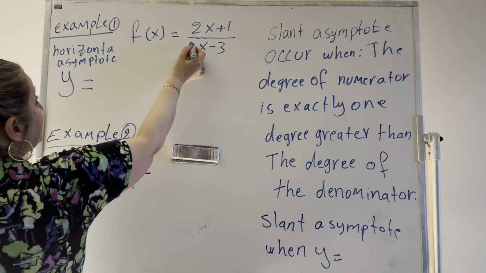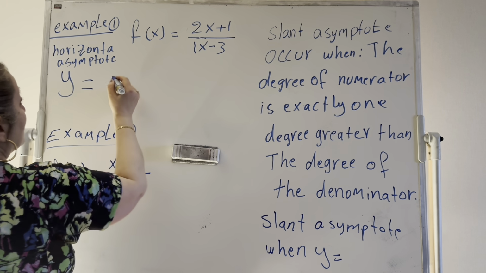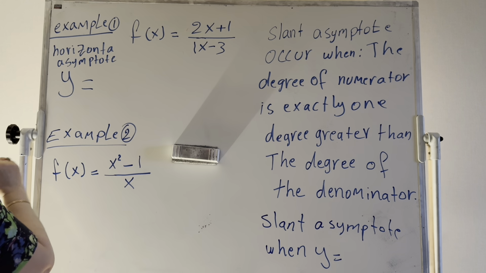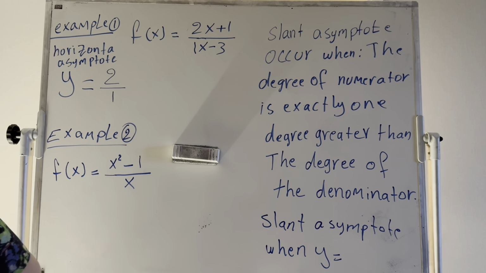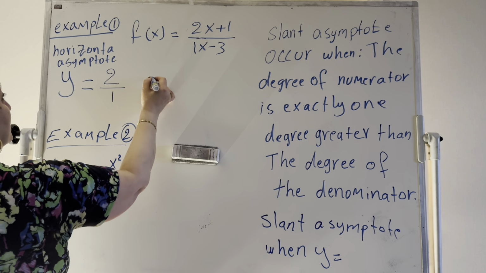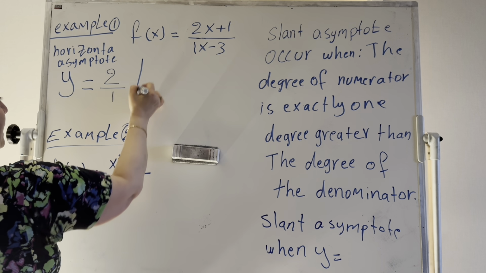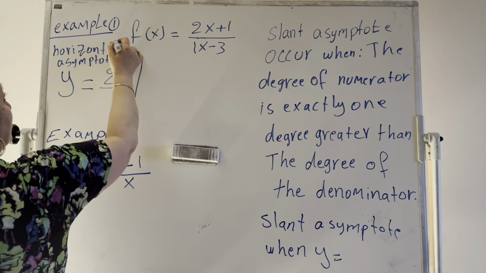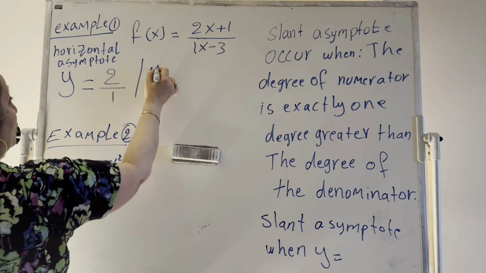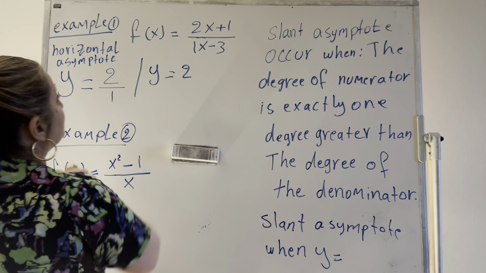In the denominator I have 1x, so the horizontal asymptote is 2 divided by 1. So the function has a horizontal asymptote when y equals 2.